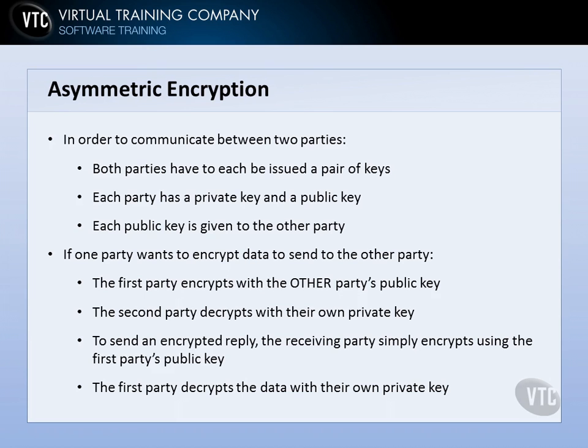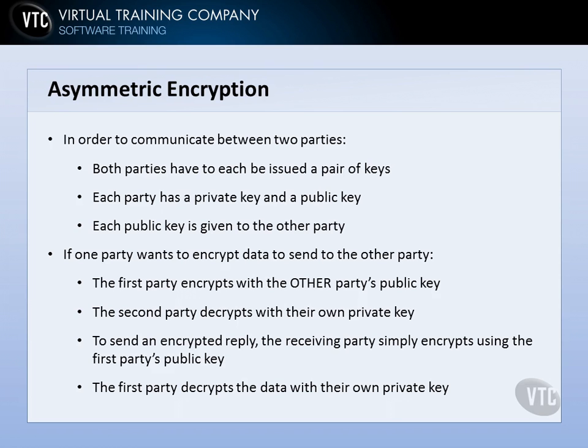In other words, both parties have to have a public key and a private key pair. Each public key is given to whomever, the world, the other party, whatever. So you keep your private key to yourself and everybody else gets your public key. To encrypt something, you use the public key. But to decrypt, only the person you are sending it to can decrypt it with their private key. So it doesn't matter if everybody has the public key.